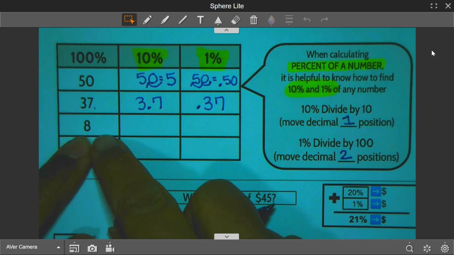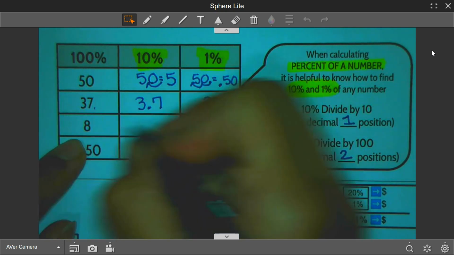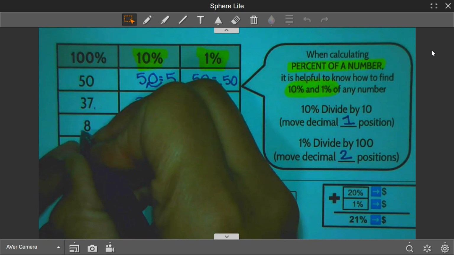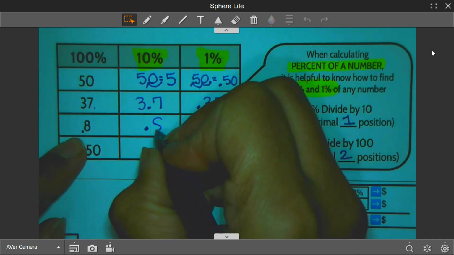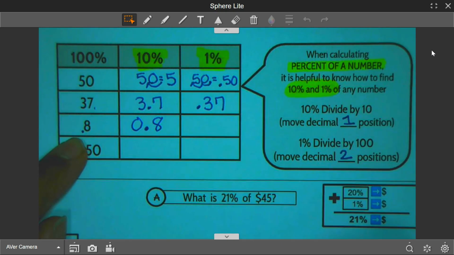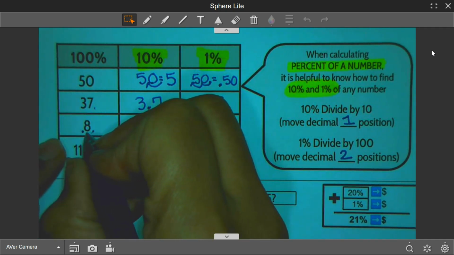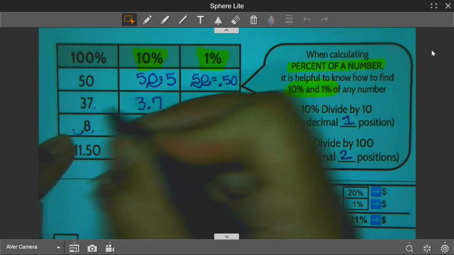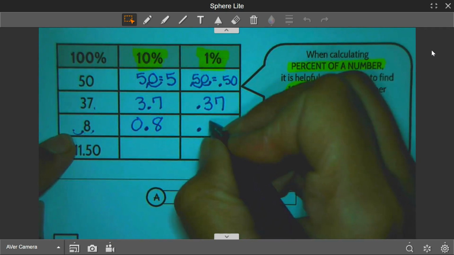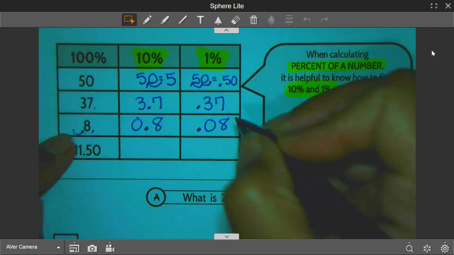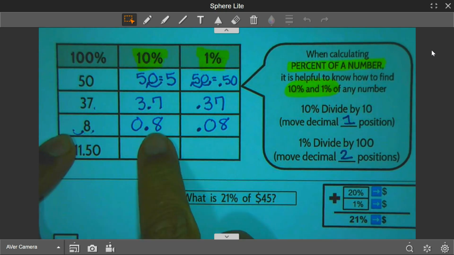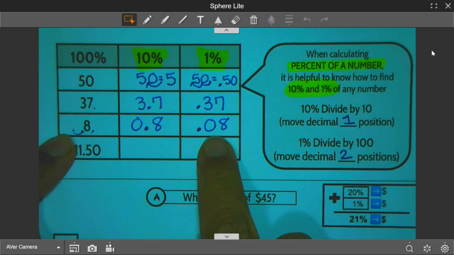I had $8. 10% of that would be moving it over just once, dividing it by 10. So that would be 0.8. Moving it over twice would be 1, 2. So that is 0.08. So this is 80 cents and this is 8 pennies. Okay.